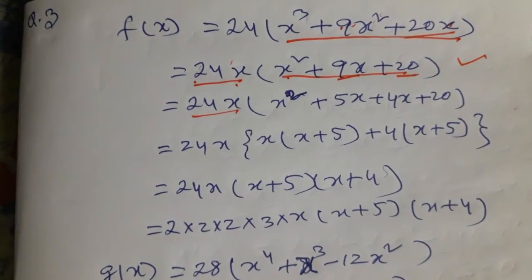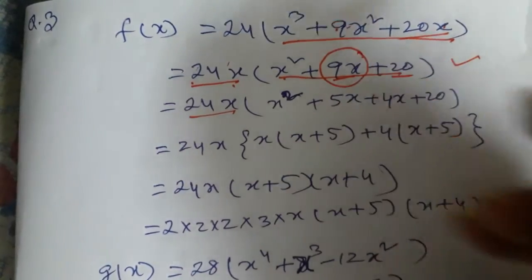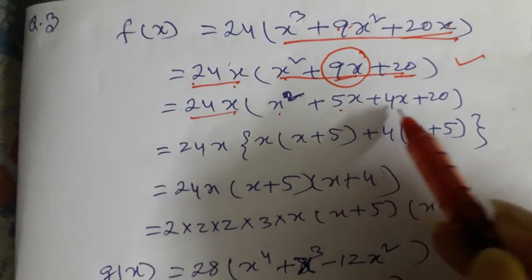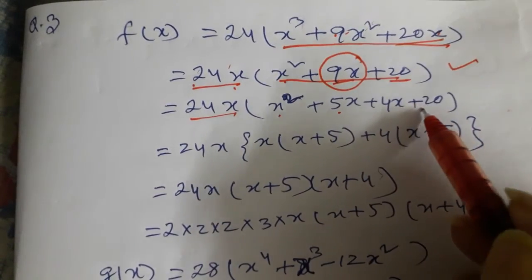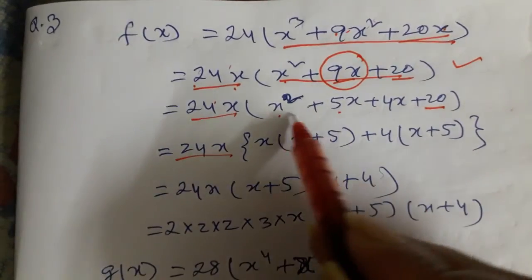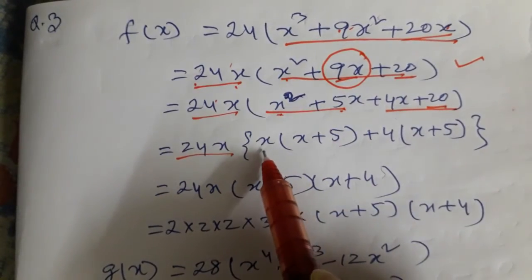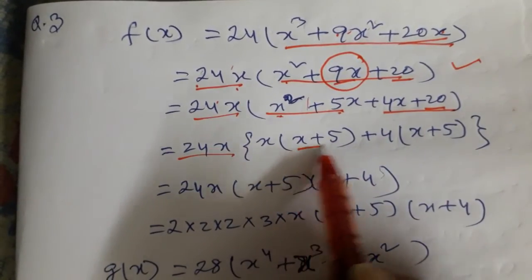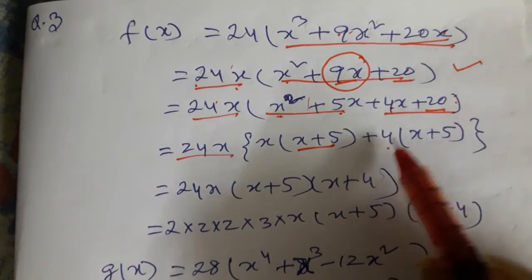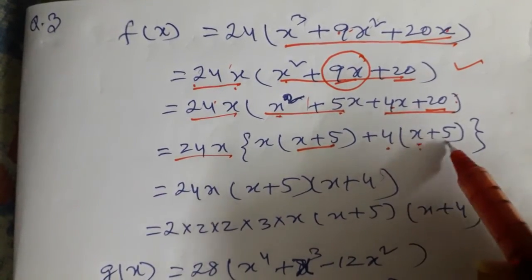We have to do it by splitting the middle term, that is 9x. We have to split into two parts, that is x square plus 4x plus 5x plus 20. Now you write this one as it is, and two pairs remain. From the first pair you take common x, then x plus 5 is left, and from the second, 4 is the common factor, so you take common 4, then it will be x plus 5.